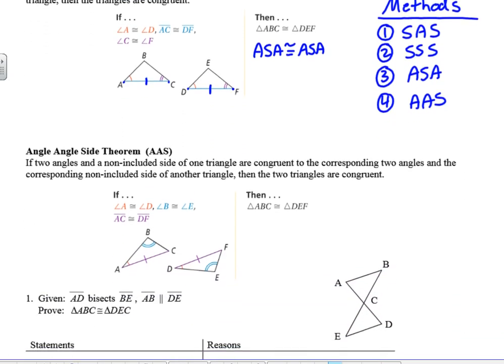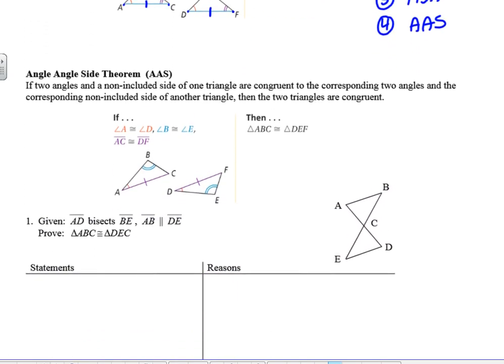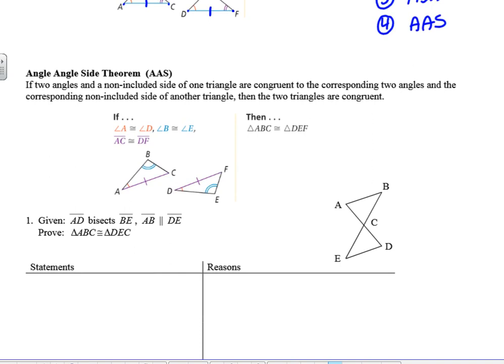Not to be confused with angle, angle, side. Now notice that the side comes here at the end after the two angles. So if two angles and a non-included side of one triangle are congruent to the corresponding two angles and the corresponding non-included side of another triangle, then the two triangles are congruent.